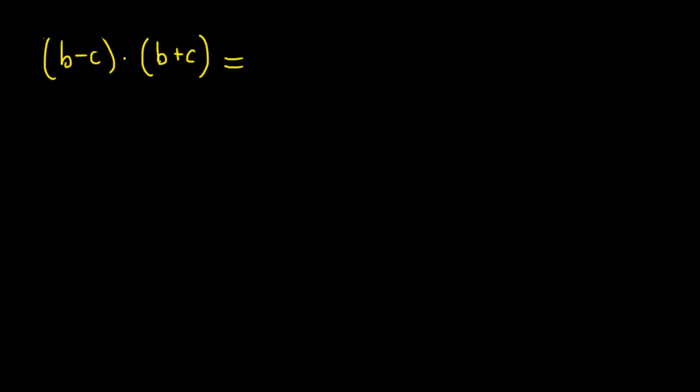If you remember, you multiply b to b, b to c, c to b, and then c to c. So what do you have? b times b, and then b times c, plus bc. Here you have minus, so minus c times b, minus c times c.